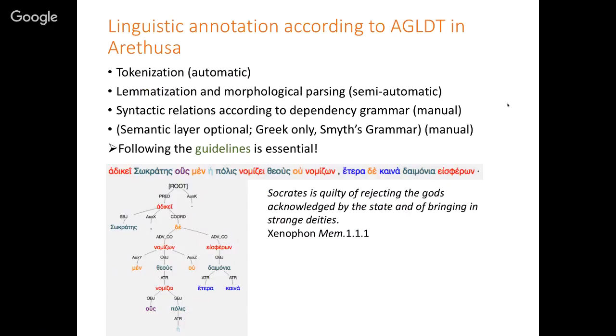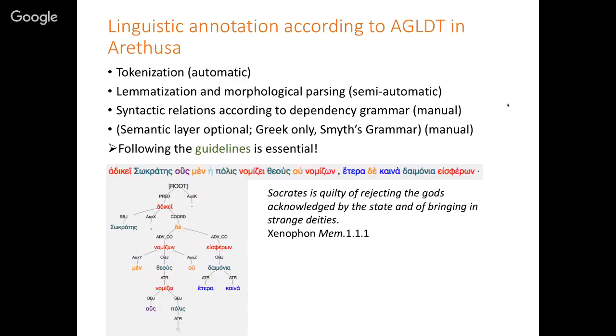Yes, so what the annotation contains, which is done according to this HELDT framework in Arethusa. So there will be the tokenization done automatically. So each token is a word or punctuation mark.